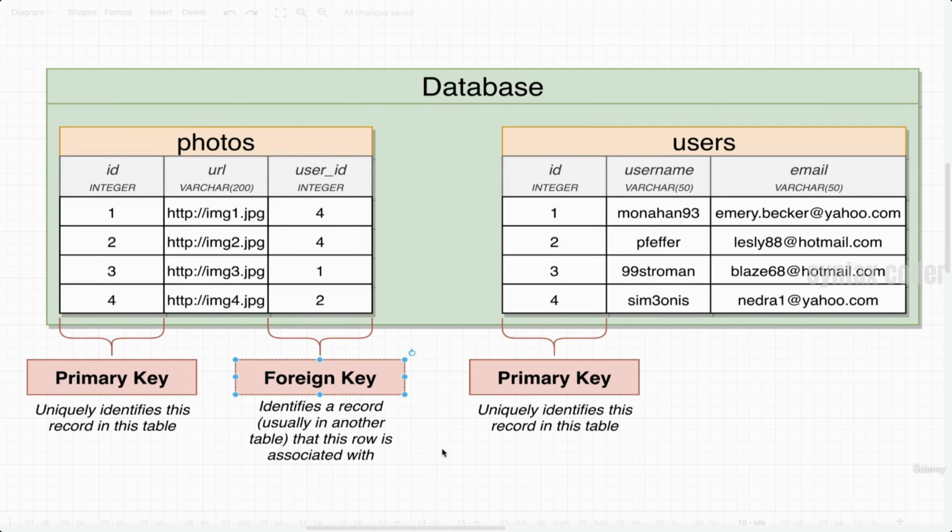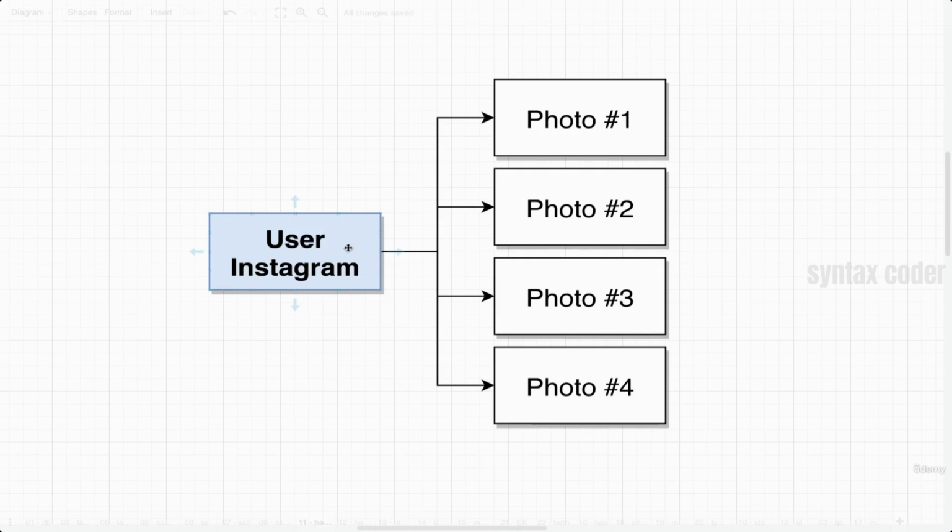Now, to actually set up a relationship between 2 different records, this is the important part. We're going to use something called a foreign key. The goal of a foreign key is to somehow relate this record right here to some record in possibly another table or even the same table. So in this case, we have a table of photos and users. And you might recall just a little bit ago, we said that a user has many photos.